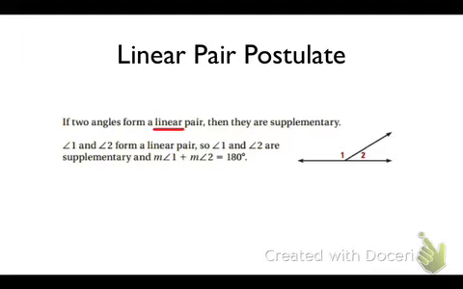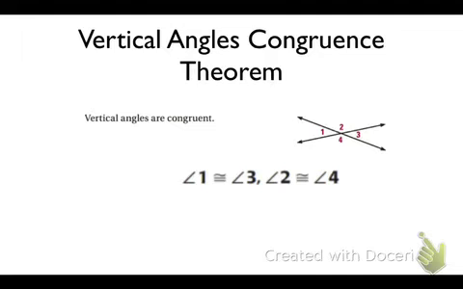We're going to use the linear pair postulate to help us with vertical angles. Let's look at the vertical angle congruence theorem. If you remember back in our definition of vertical angles, we said that vertical angles are two angles whose sides form opposite rays. So for example, let's look at angle 1 and angle 3. The sides of angle 1 form opposite rays with the sides of angle 3, down here.